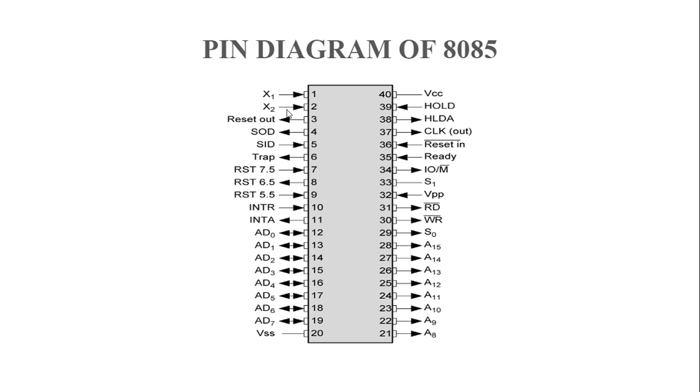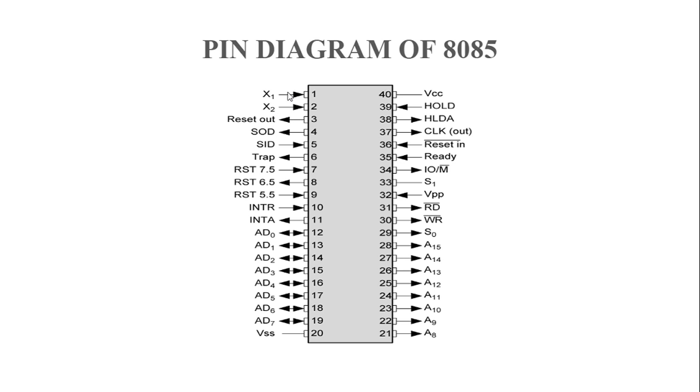These are input pins, and they are used for the clock signals required for the microprocessor. The clock cycle required for the MPU is obtained through the X1 and X2 pins. We already discussed that in microprocessor 8085, whenever we transfer the address or data, they are transferred in terms of time signals, and for time signals we generate some clock pulses. Those clock pulses are given through these input pins X1 and X2.